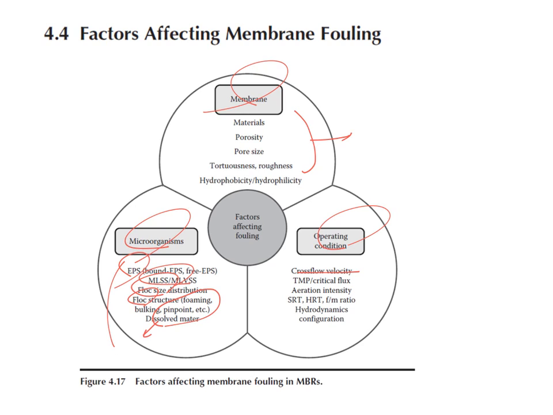The cross flow velocity, TMP, critical flux, and aeration intensity are hydrodynamic conditions that we have to look at. SRT, HRT, and F/M ratio are the biological operating conditions, which are also very important.